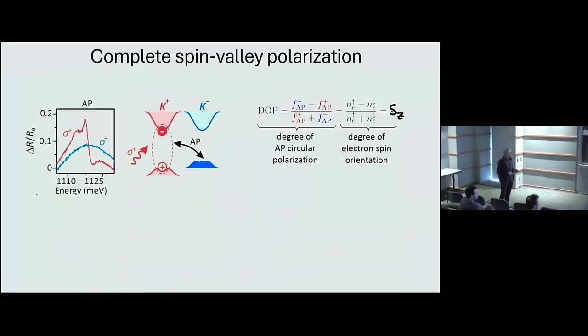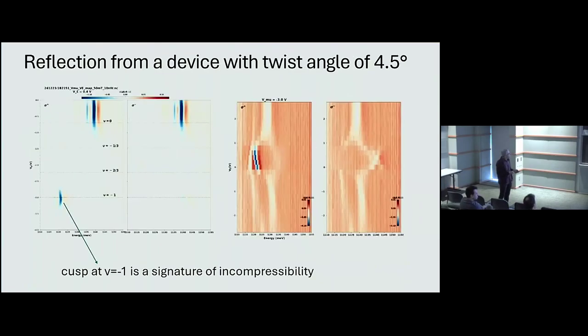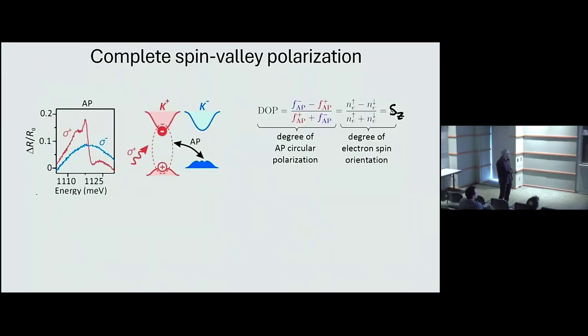All right. Okay. So now I told you about this measure of degree of polarization, or S sub Z. This is the oscillator strength difference between what you do not see here, and if you normalize it, that gives you basically the electron density difference in the two layers.